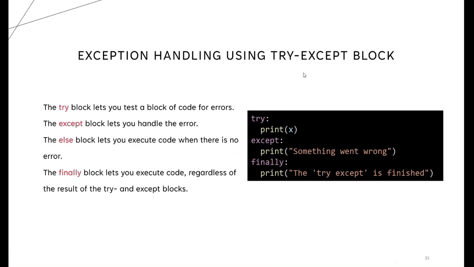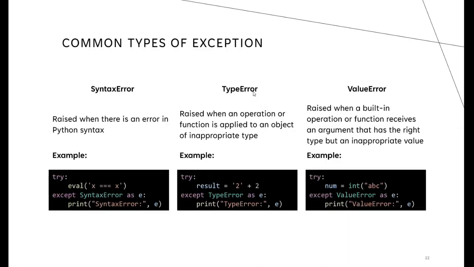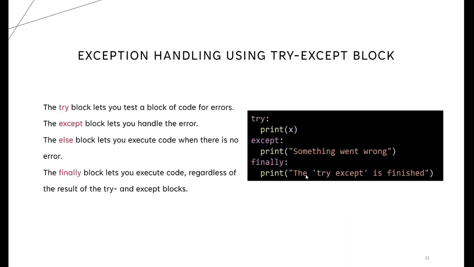So in Python, we generally use try, except, and finally block. So try to run any condition here, and if that code fails, then go to except. And finally keyword is like, if anything goes wrong here, it doesn't matter, it will be run anyway.